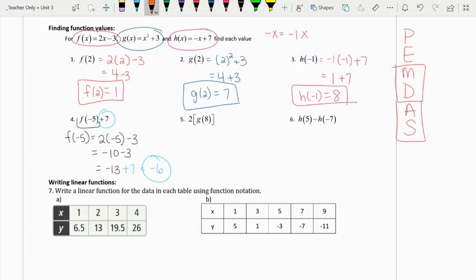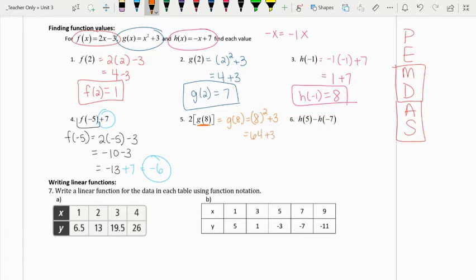So on number 5, I would do the same thing. We're going to find g of 8 first, and then we're going to multiply by that 2 that's on the outside. So g of 8 is 8 squared plus 3. I encourage you to definitely keep them in parentheses. It makes more sense when we get into negatives.